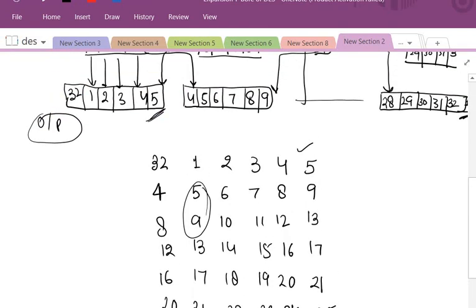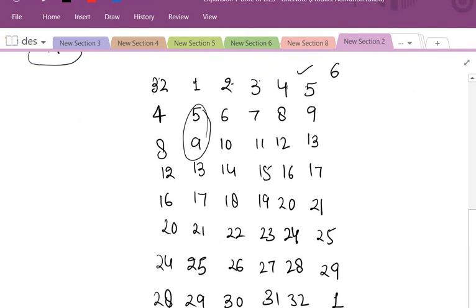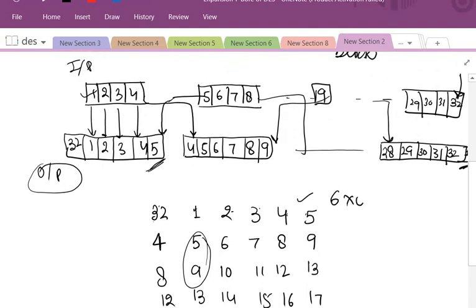So what was that position? 1, 2, 3, 4, 5, 6, and then 1, 2, 3, 4, 5, 6, 7, 8. So how many entries is it? That is 48. Now it is successfully converted from 32 bits to 48 bits by duplication.